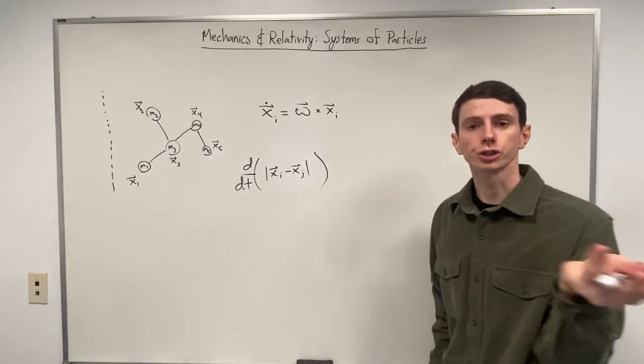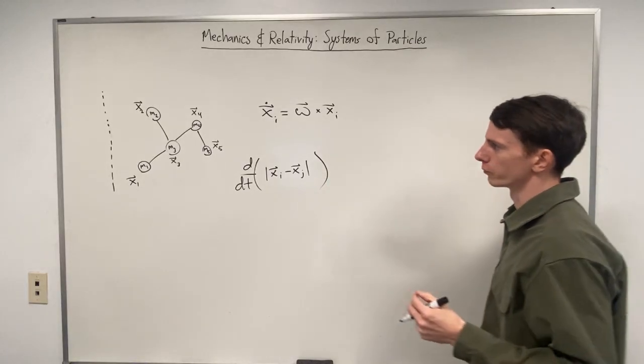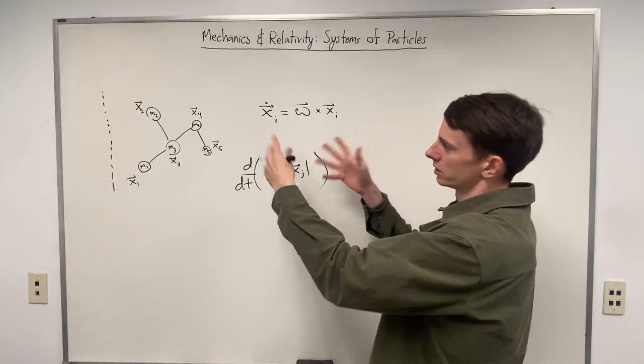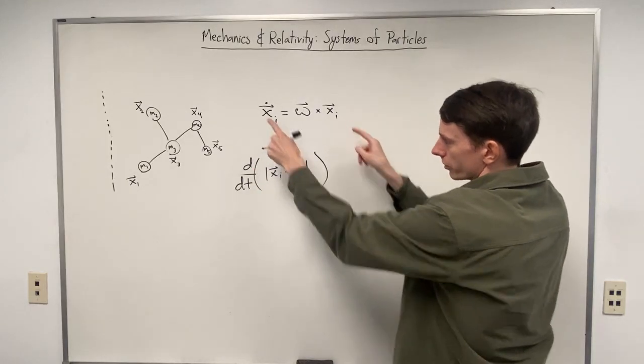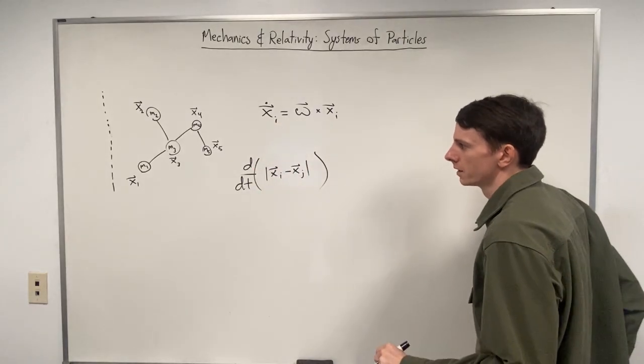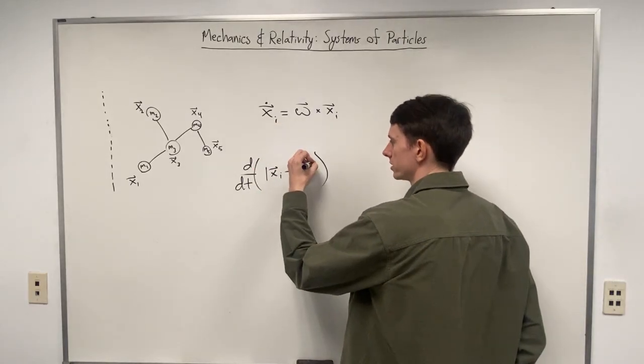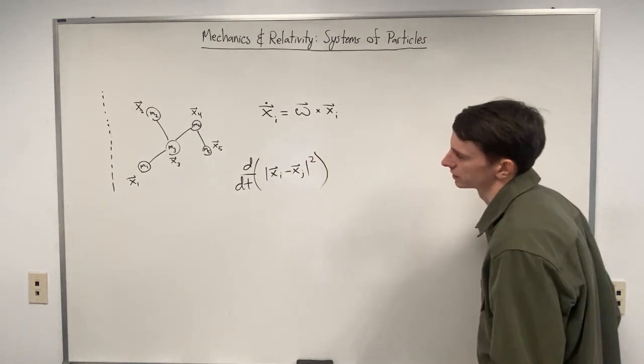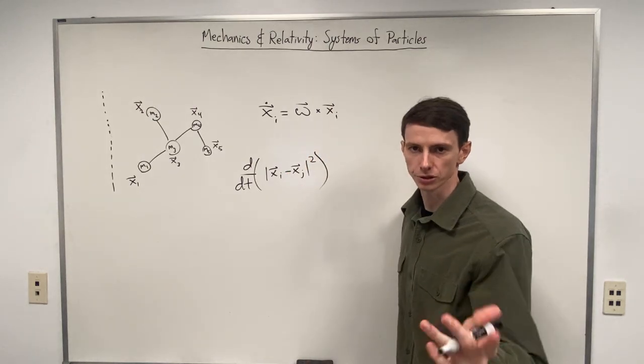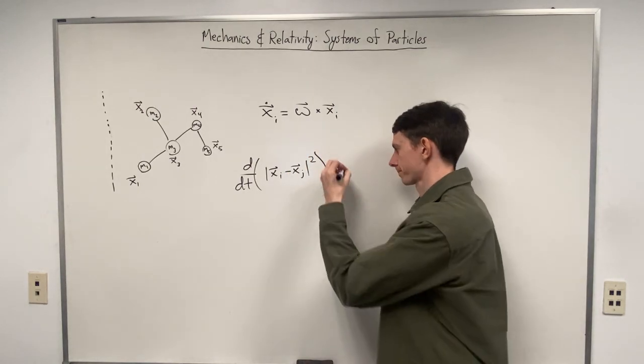So we're going to show that really quickly. I think it can be helpful to show that for rigid bodies, the definition doesn't break down with this relationship right here. I'm actually going to take the time derivative of the square, because if the square distance goes to 0, then so does the distance itself.